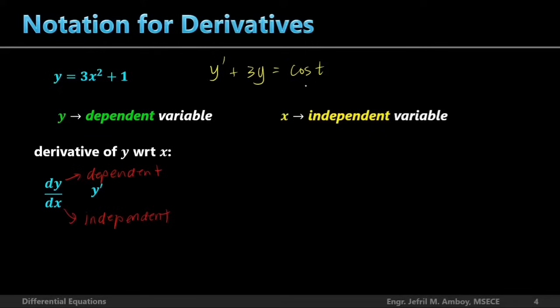However, here on the other side, we have cosine of t. So, that means that the prime notation does not have x as its independent variable. In this case, the independent variable is t instead of x. Okay? Kasi kita natin, walang x dito eh. Instead of x, ang ginamit nating variable ay t. So, here, y prime corresponds to dy over dt.